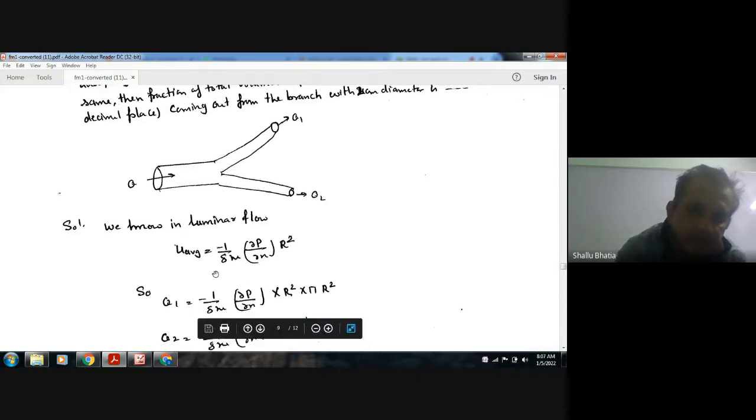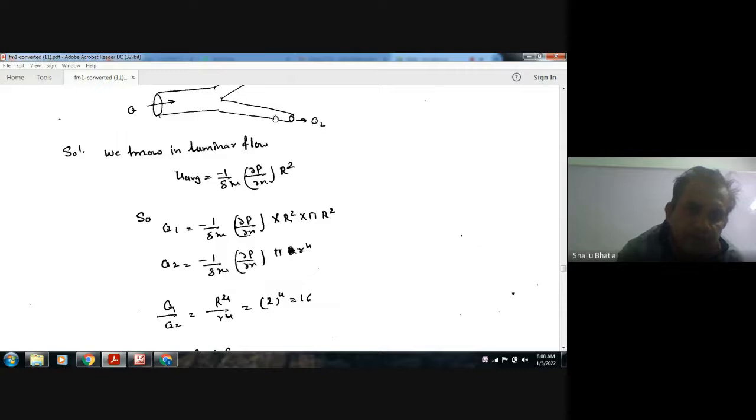if we multiply this by area, we can get Q1, and if we multiply by this area, we will get Q. Because capital R is the radius of this, and small r is the radius of this. Now the pressure gradient is the same, the fluid is the same, so mu is the same.